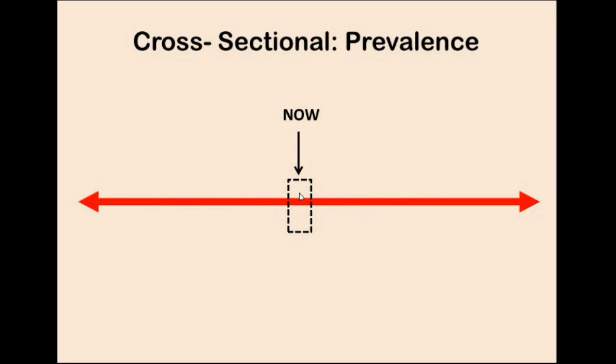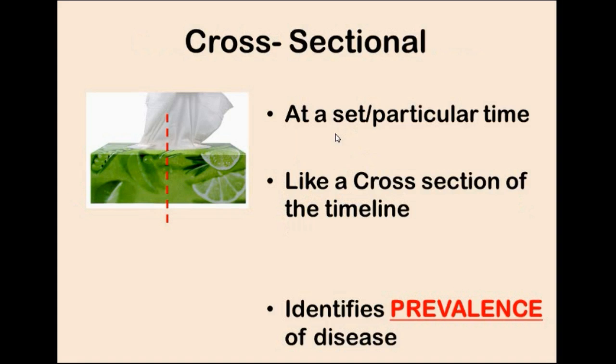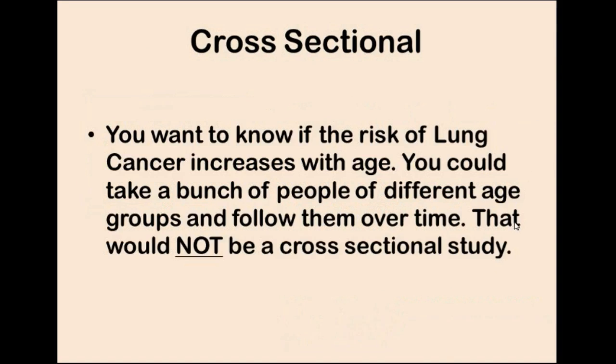So in that particular time period, like right over here, currently in the present, we're going to study the cases here. So basically you take a cross-section of the timeline and you see how many people have a certain disease. In other words, you're measuring the prevalence of a disease.